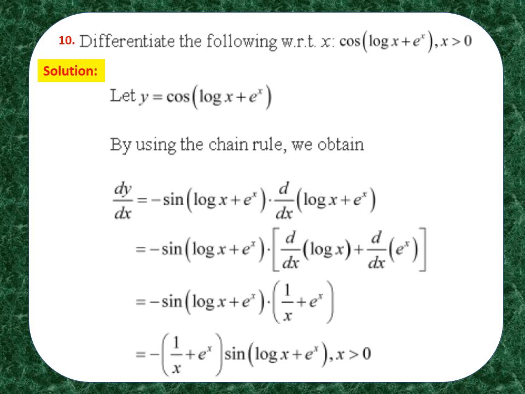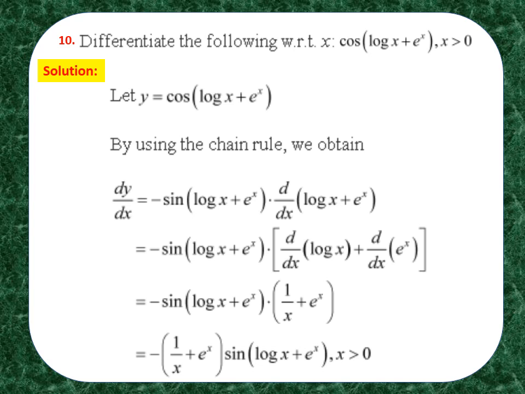Moving to question 10. Differentiate the following with respect to x, and the function is cos of (log x plus e power x). So let y is equal to the given function. Now we can see that we have cos, we have log, we have e power x, so we have to apply chain rule. First we have to take cos. Differentiation of cos is minus sine, with cos we have log x plus e power x. So minus sine (log x plus e power x).